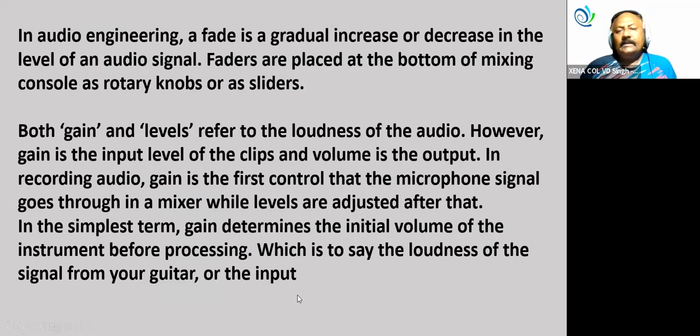In audio engineering, a fade is a gradual increase or decrease in the level of an audio signal. Fade is also known as volume. To control this, you have got faders, which are placed at the bottom of the mixing console, as I had shown you, as rotary knobs or as sliders.